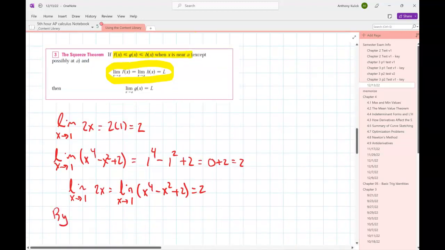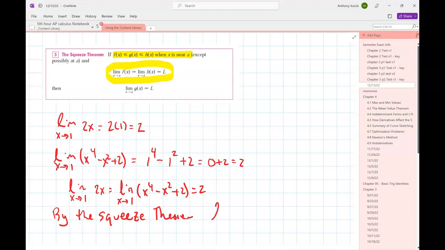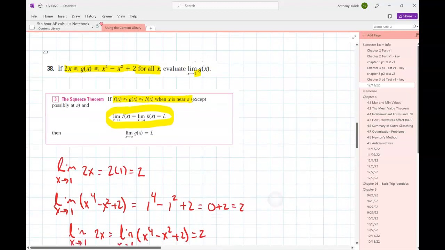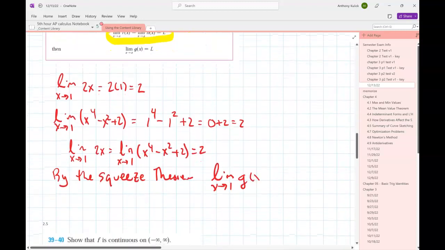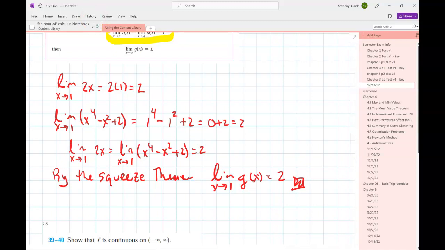So we have, by the squeeze theorem, the limit as x approaches 1 of g of x has got to equal 2 also. And we're done. So again, this just boiled down to doing the limits of the upper and lower bound, and as long as they're the same, then whatever they're bounding also has the same limit, which is pretty nice.